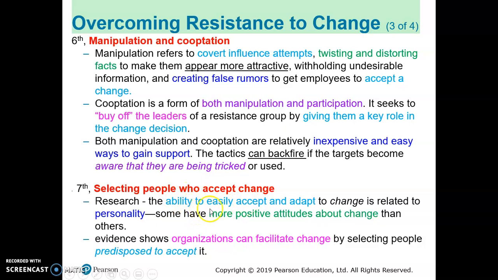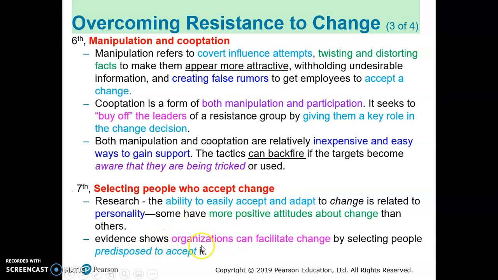The ability to easily accept and adapt to change is also related to personality. Some may have a more positive attitude about change than others. Those who accept the change normally have this kind of good or positive personality type. So managers may want to go to the person who accepts the change and persuade them, and maybe they'll be able to persuade the rest of the group.